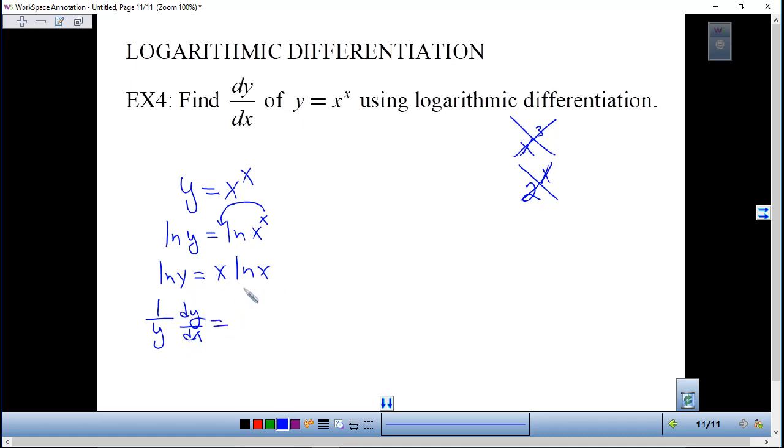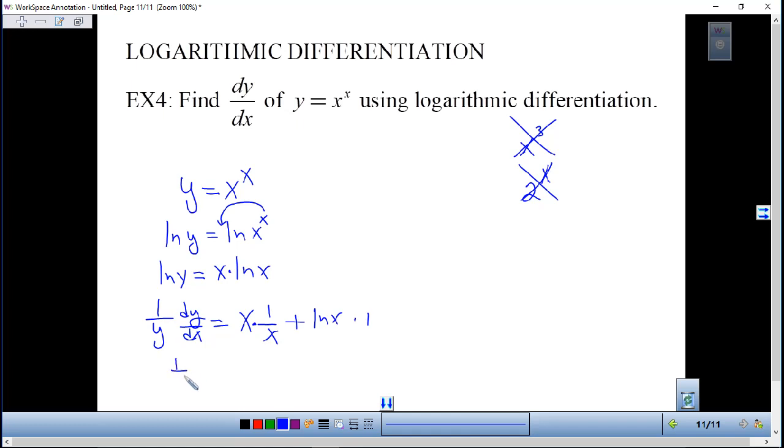And over here, lucky us, we have a product. So we're going to have to use the product rule. We have x times the natural log of x. So first, times the derivative of the second, derivative of natural log of x is 1 over x, plus second, natural log of x, times the derivative of the first, which is 1.